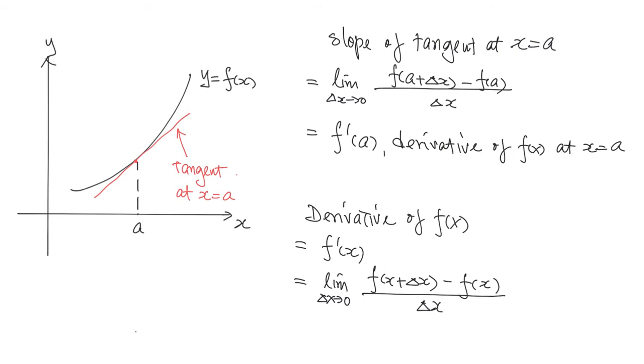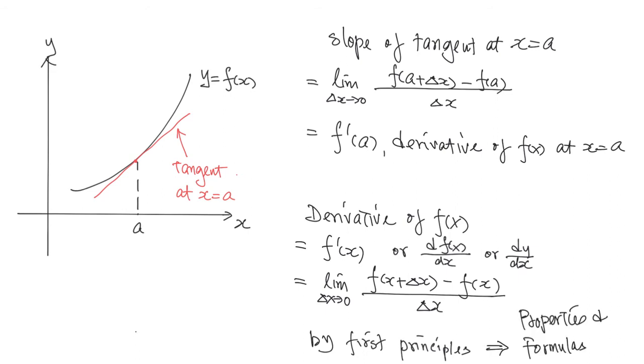Here, the function f prime x equals the limit can also be denoted by df(x)/dx or simply dy/dx. The very first method of getting the derivative by taking limit is called first principles. Using first principles, we derive properties and formulas to find the derivatives in a faster way.